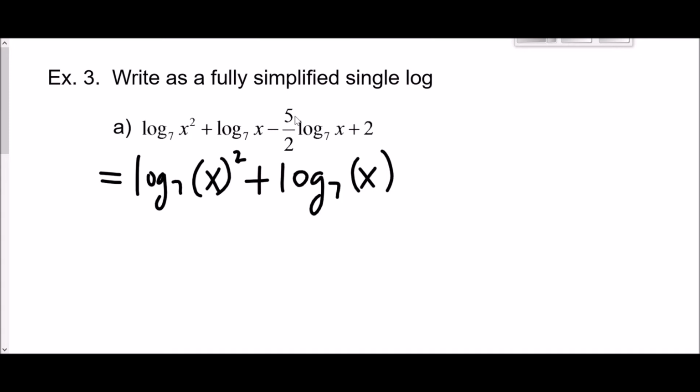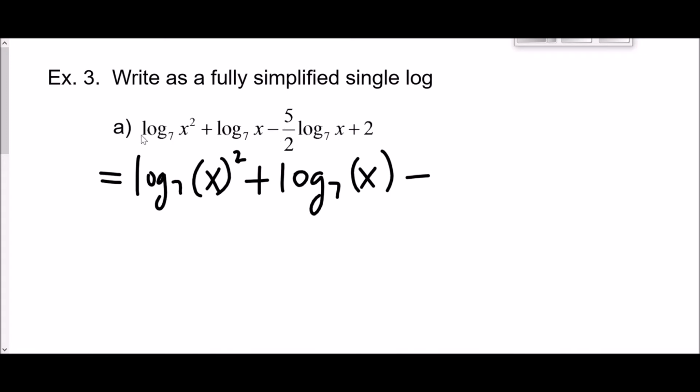And then for the third term here, you take the coefficient back here and make that an exponent, so minus... guys, be careful, there are two terms here. This is one term.